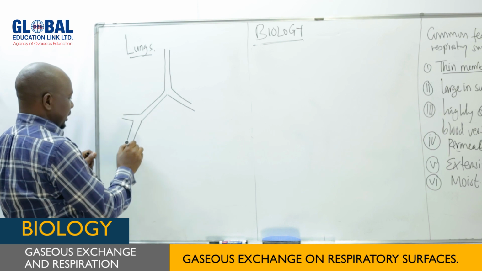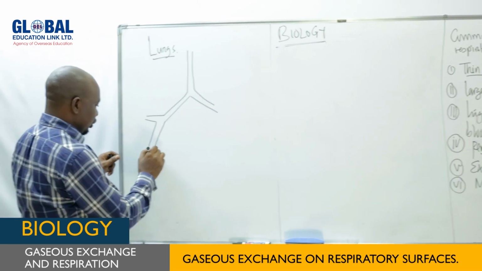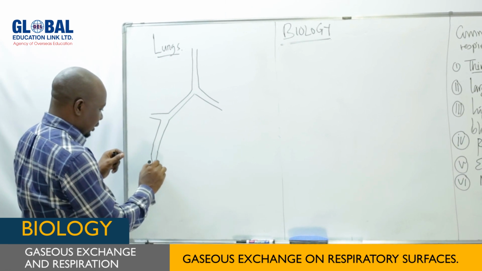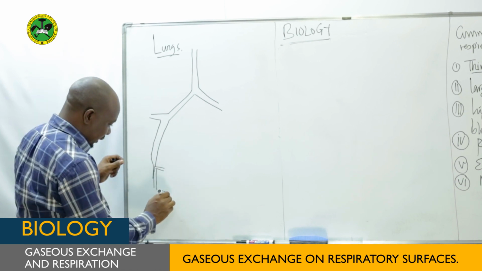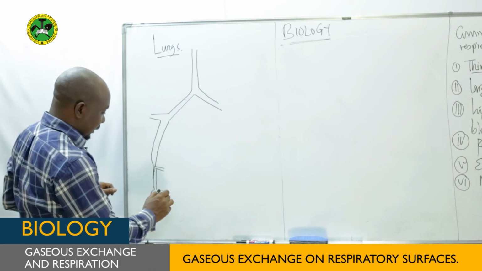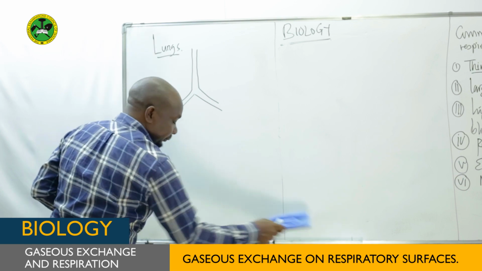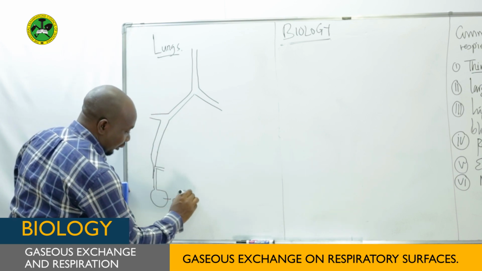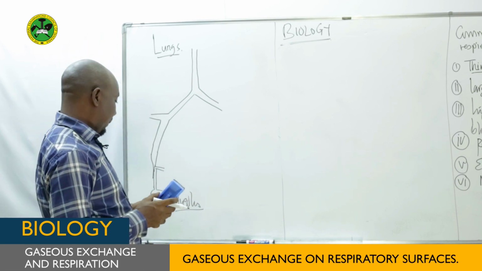The bronchus branches into the bronchioles. The bronchioles branch into the terminal bronchioles. Then they terminate into sac-like structures. These are known as alveoli. The plural, that is alveoli.